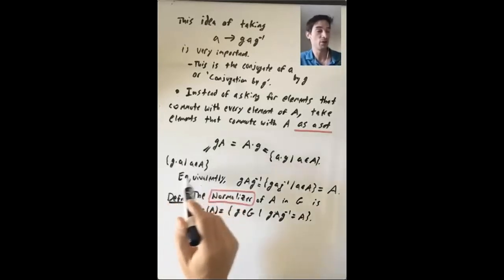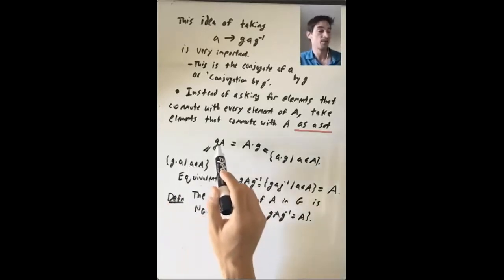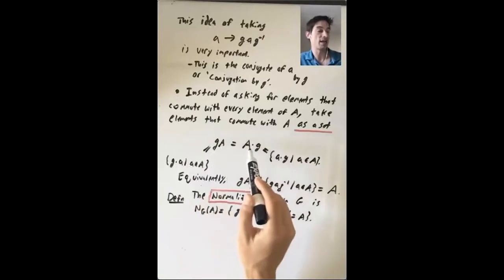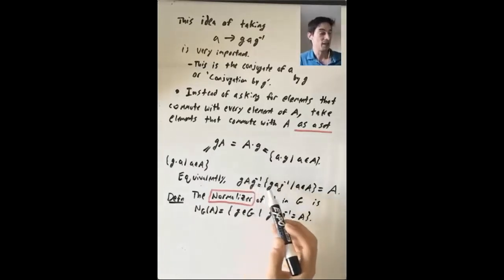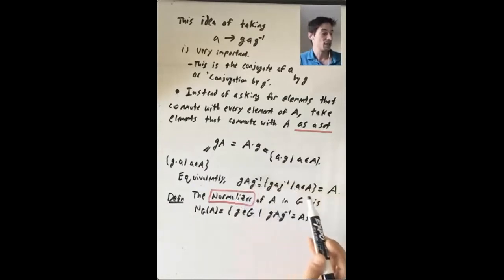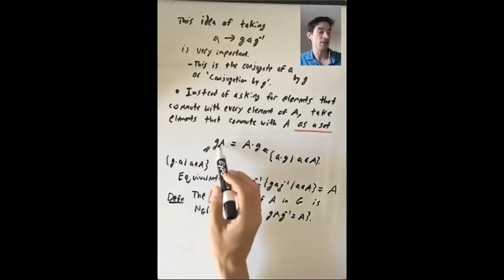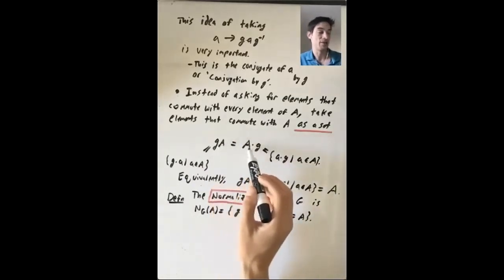It's just that when you go through everything in the set, GA and the set AG are the same. Okay, so the normalizer of A in G is the set of all elements in G so that GAG inverse equals A. And you can see that GAG inverse equals A is the same condition as GA equals AG.